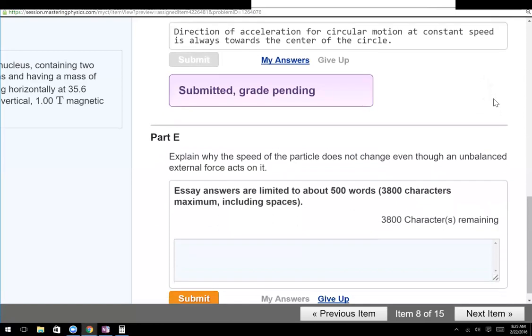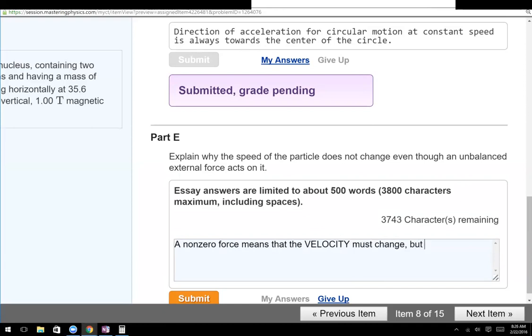I didn't realize it had so many word explanations. Explain why the speed of the particle does not change even though an unbalanced force acts on it. A non-zero force means that the VELOCITY must change.